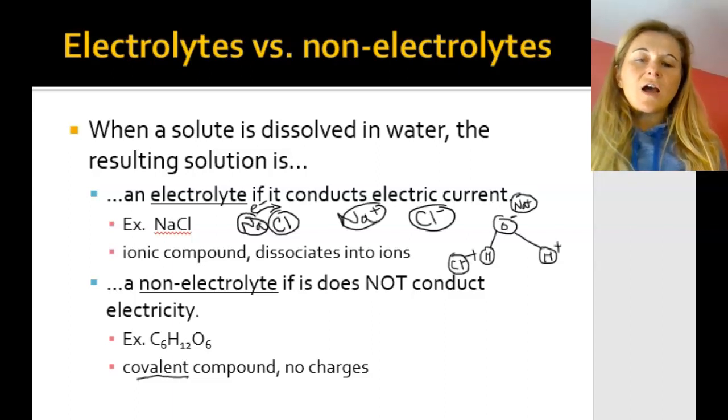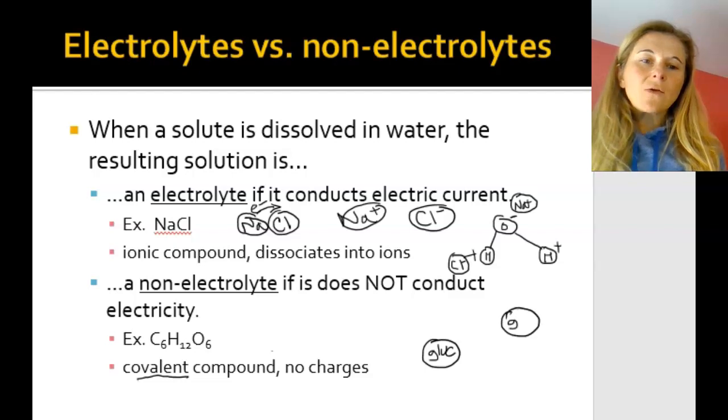They're just sharing all those electrons together. So when sugar dissolves into water, it's going to stay as a whole molecule. So I'm just going to put a little glucose here. It's going to stay as that whole covalent molecule.